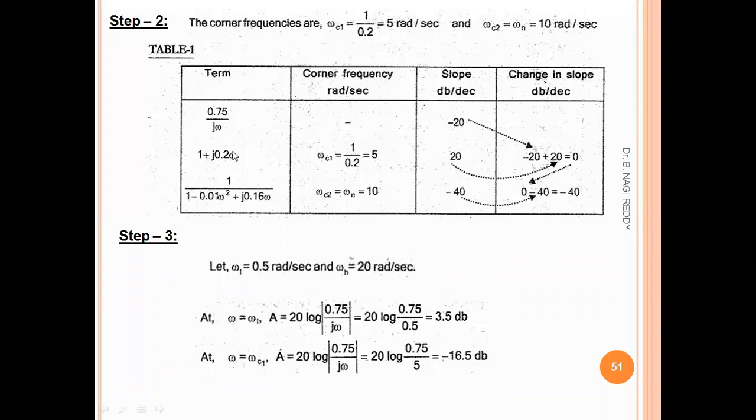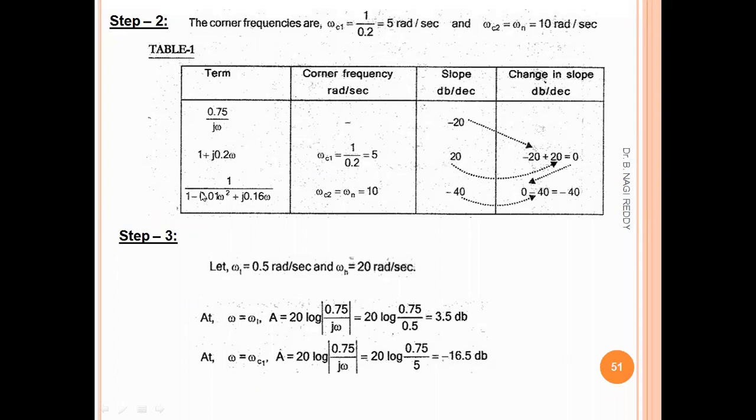For the second term, you can see the omega is in the numerator, so keep plus here, and the omega power of the second term is only 1. That's why 20. It is in the numerator, plus, and the power is 1.